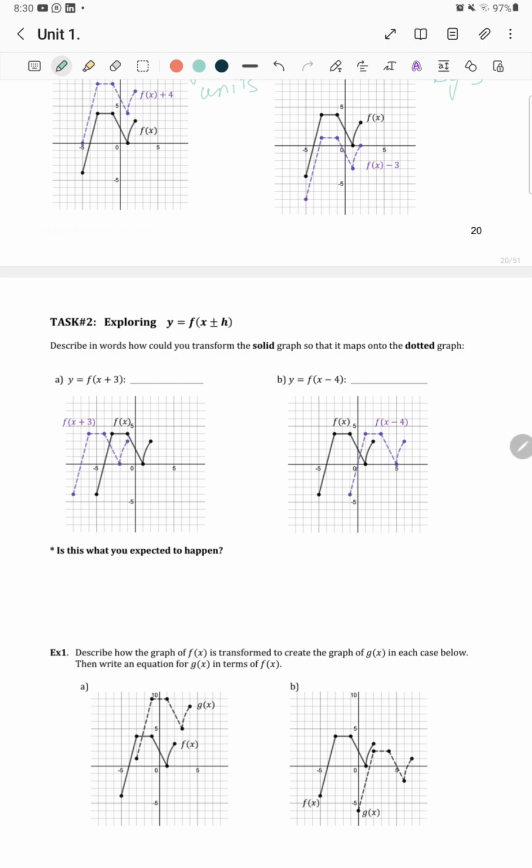If we have to move only along the x-axis, it means we can move either left or right. So move left 3, and for x minus 4 move right 4. For negative, move right. For positive, move left.